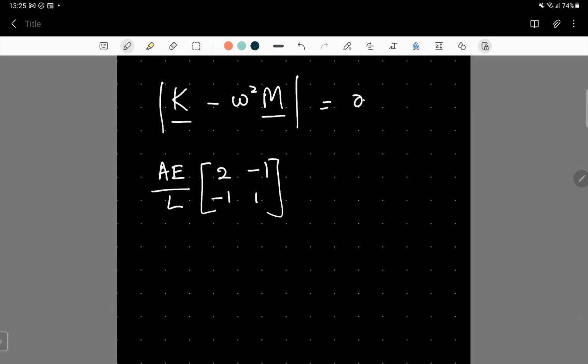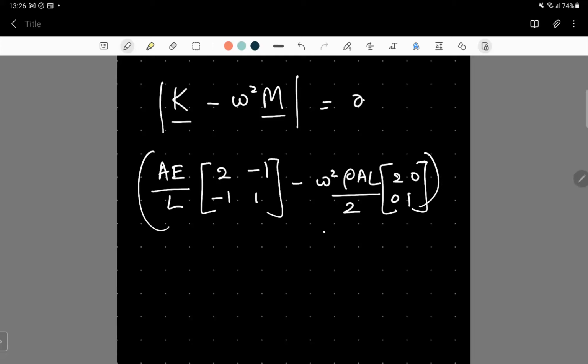This is only the submatrix now of the total matrix, because the terms corresponding to D1 hat have been eliminated because they are 0. This is the mass matrix 2, 0, 0, 1, times D2 dash, D3 dash, is equal to 0.